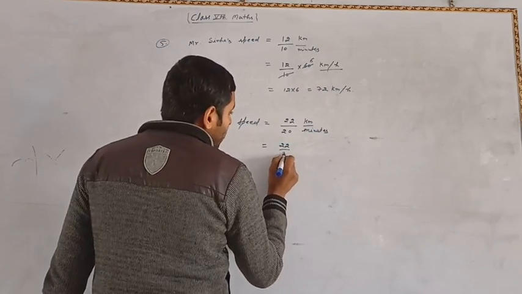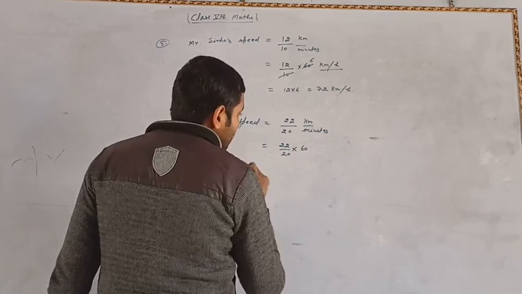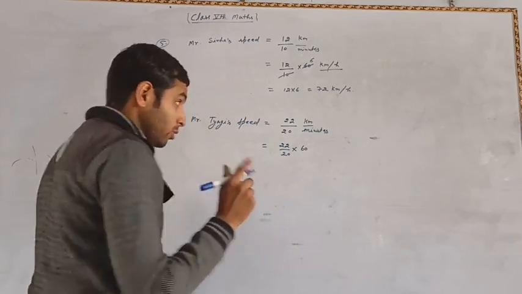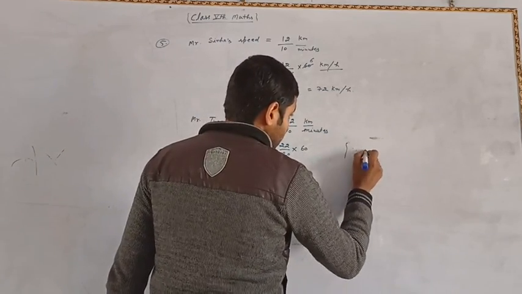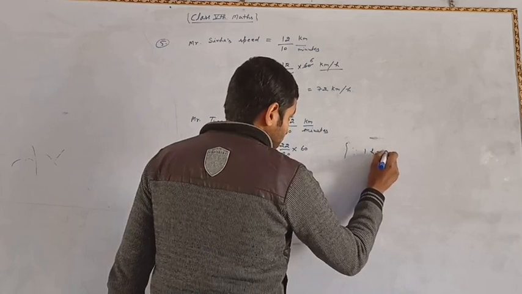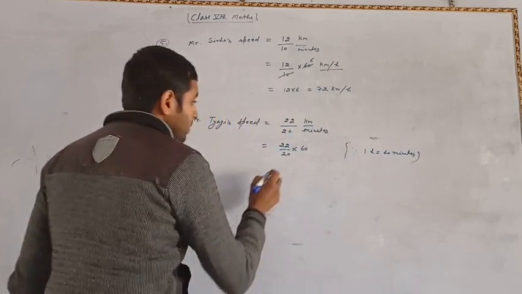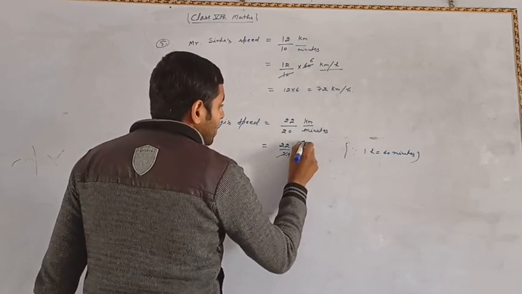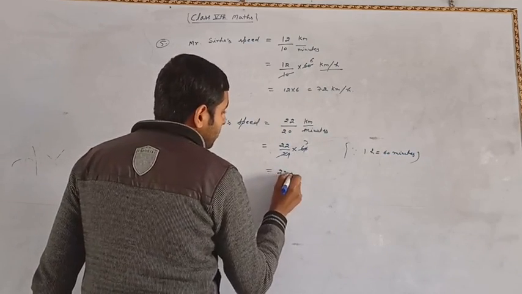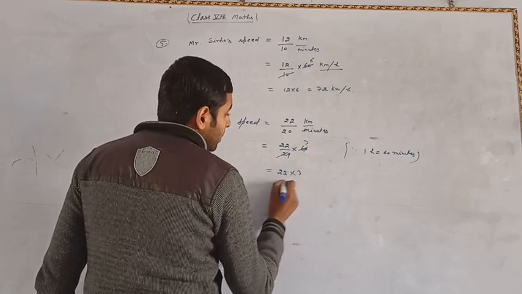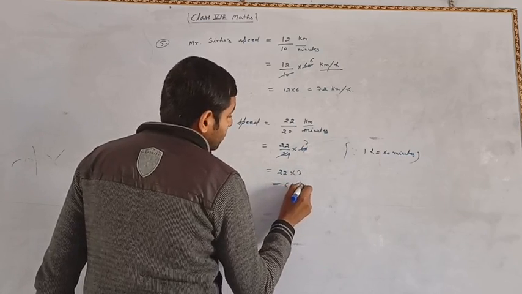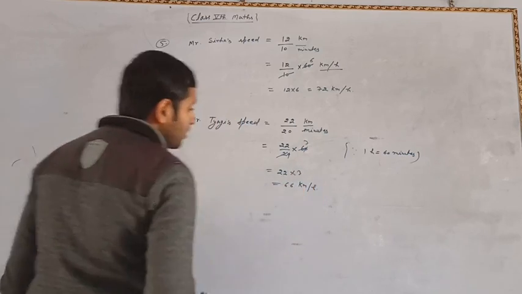So 22 upon 20 into 60, because you know that 1 hour is equal to 60 minutes. Okay, so 0 0 cancel, 2 3s are 6, then 12, then 22 into 3 is equal to 66 kilometer per hour.